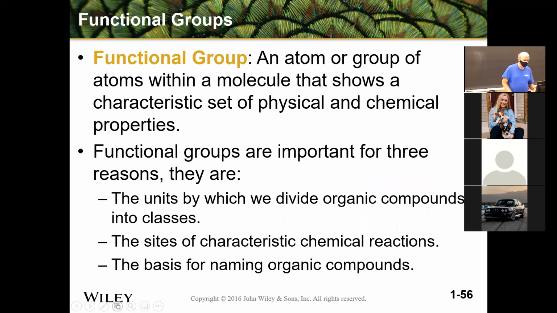Oh, functional groups. Okay, this is going to be really important. If I show you a drawing of a structure, you've got to be able to identify the correct functional group.